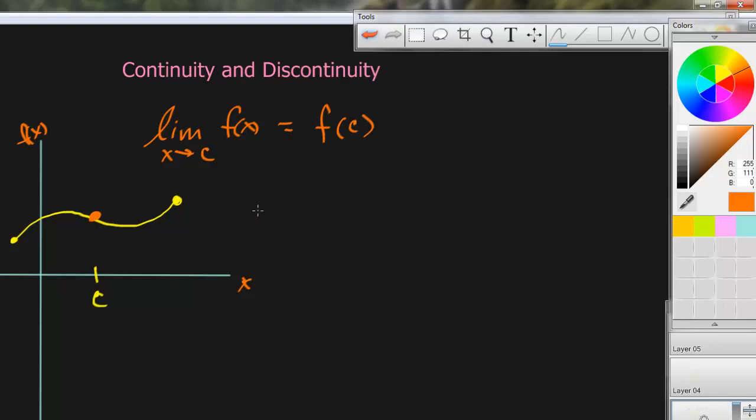What that means is if I plug the x value into whatever function that is, it's going to spit out the y value that equals the same thing as the limit.